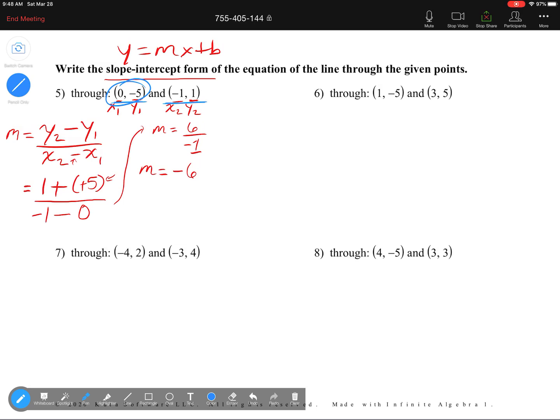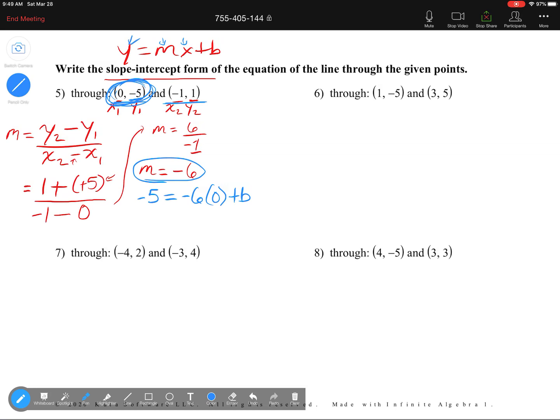So you have your y value, in this case negative 5, equals our m value that we just found, negative 6, times our x value 0, plus some b. Again, all we're doing is taking our point, this guy, taking our slope, this guy, and plugging them into m, x, and y for their appropriate values.